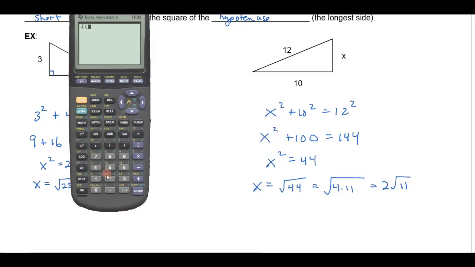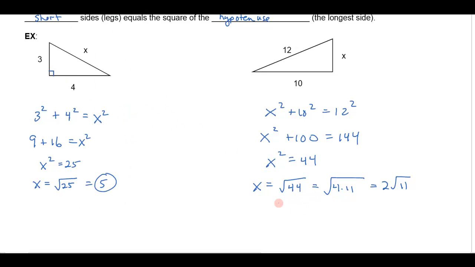So I could take the square root of 44, or I could take 2 square root of 11. Either one should give me the same thing, right? Okay, so that's about 6.63. So that's approximately 6.63. Okay, so either one of these answers would be good for that.